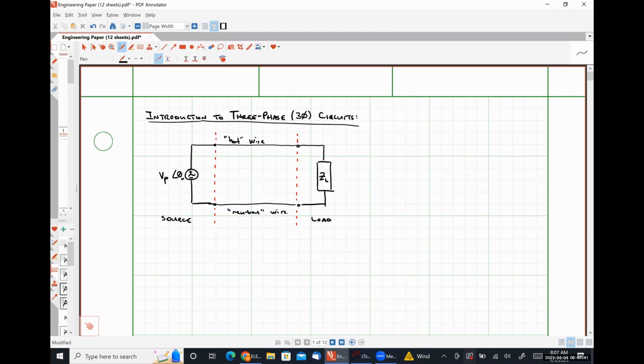Okay. So every circuit that you've ever plugged anything into in your home is an example of a single phase circuit. Okay. This middle part right here, just to be clear, is the transmission line section of our single phase power system.